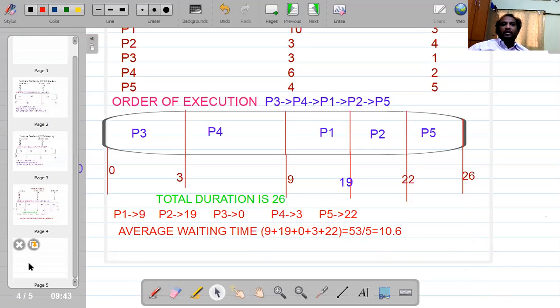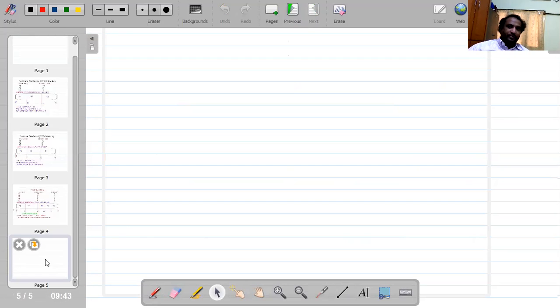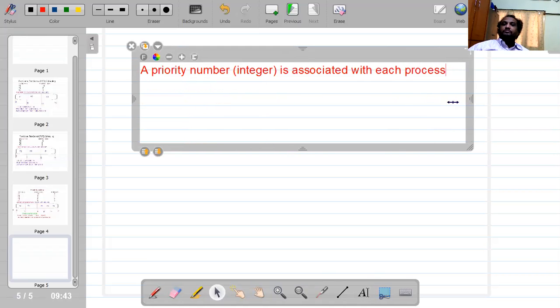But when we come to this scheduling, there are some advantages as well as some disadvantages of using priority scheduling. We'll see what those are. First, every process must have something called a process number.